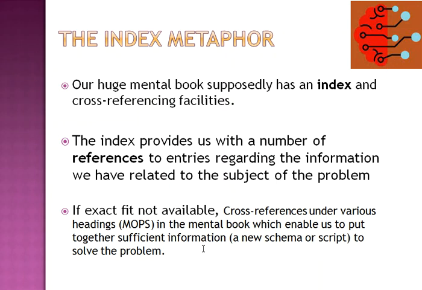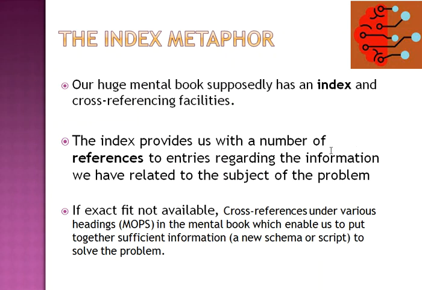So cross-referencing under various heading MOPs, your mind works searching, browsing MOPs until it finds a schema or a script related to it and helps the mind to think and find a solution.